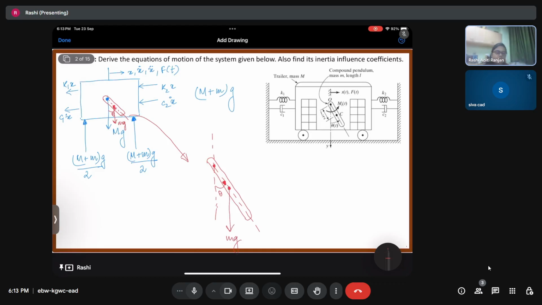Secondly, we can break this mg into two parts: one in the direction of the pendulum, and the other perpendicular.